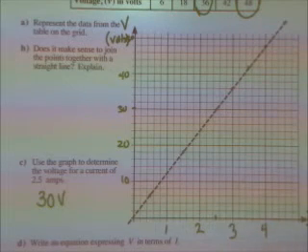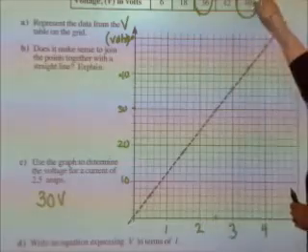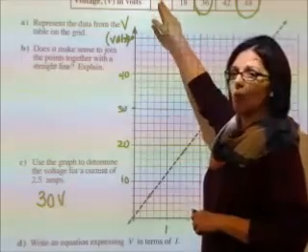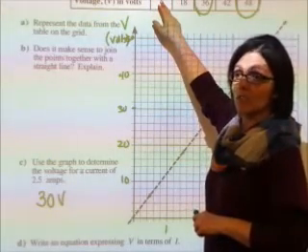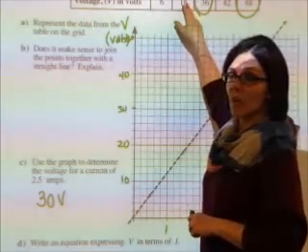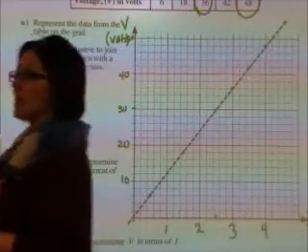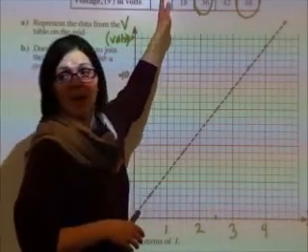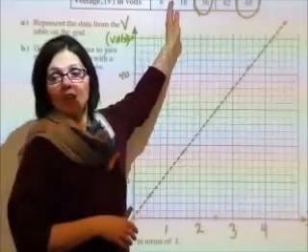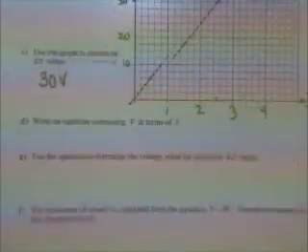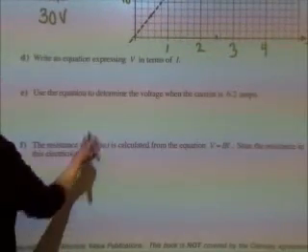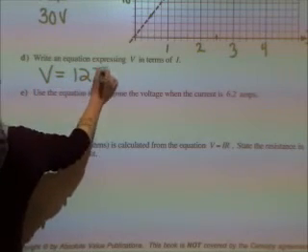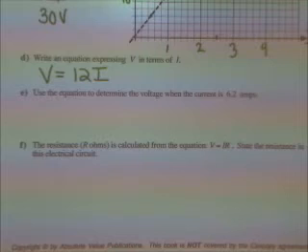Multiply it by 12, and then I check to see, does that work for 4 times 12? What about half times 12? It's equal to 6. 1.5 times 12, it's equal to 18. So I start off with the numbers that are easier. I don't necessarily need to start with the front of my table of values. So an equation to express volts in terms of amps: volts would be 12 times the amps.